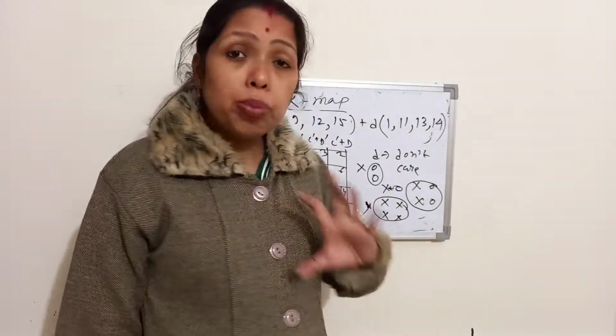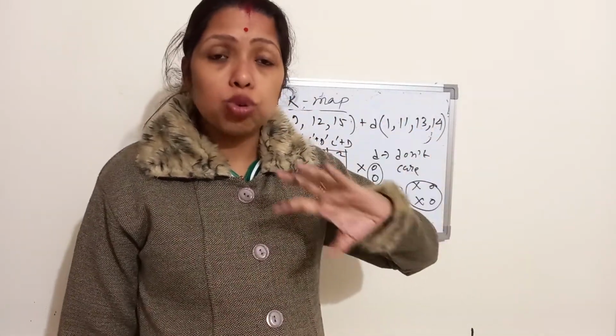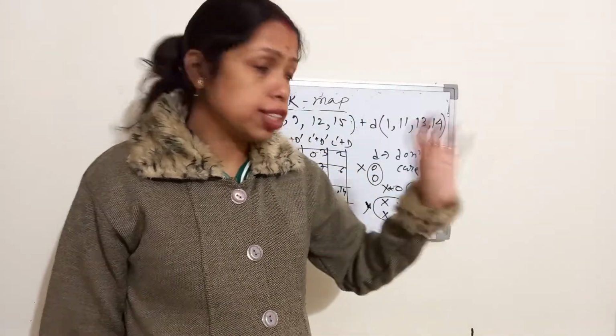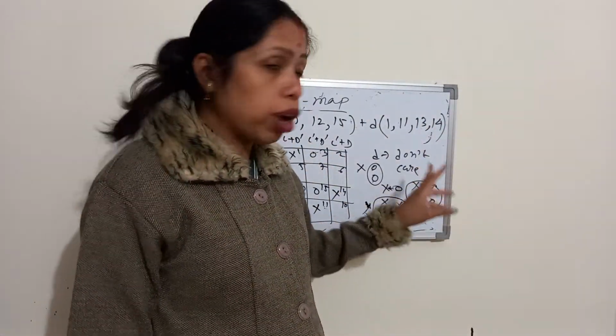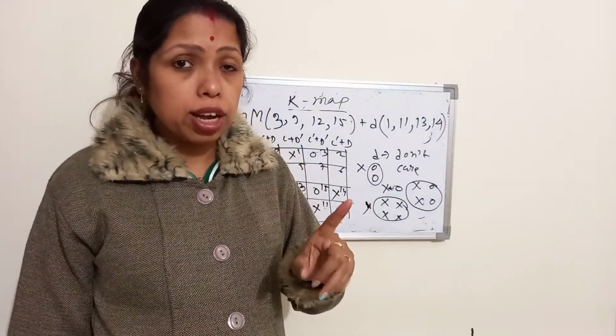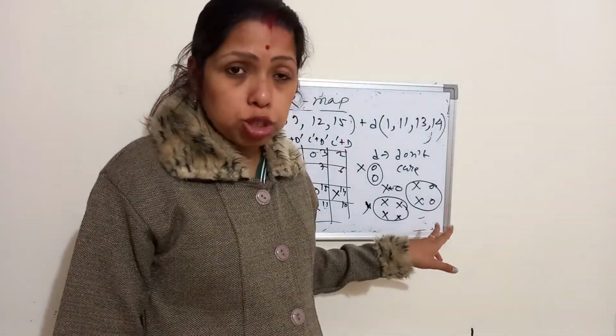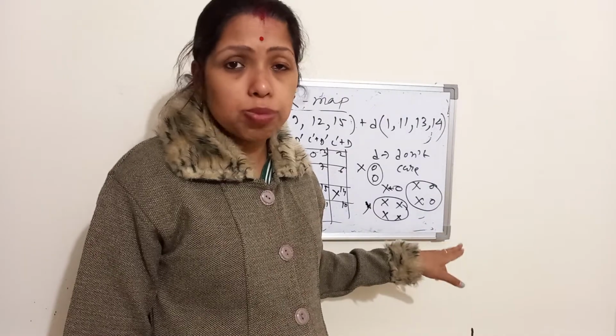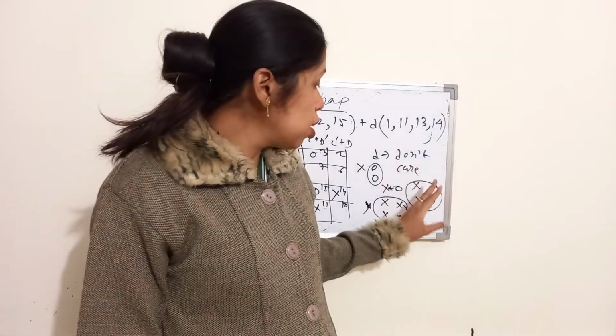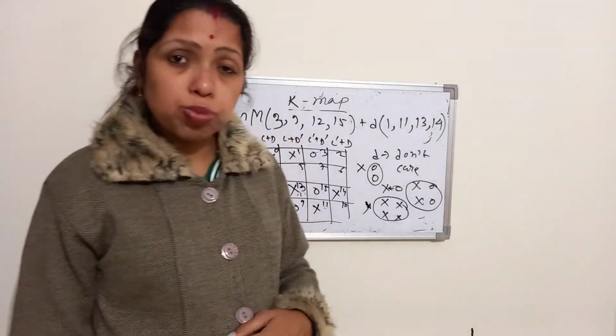But we have to do the grouping for the maximum number of cells. That's why I am taking the quad. First I have to check octal, then quad, then pair. Here the quad is possible, although we are considering x, so I will take both x along with both zeros.